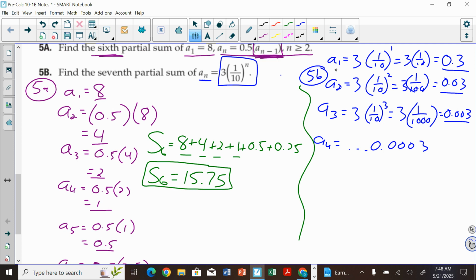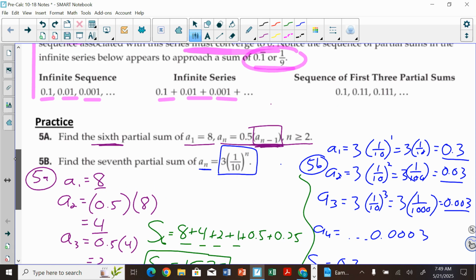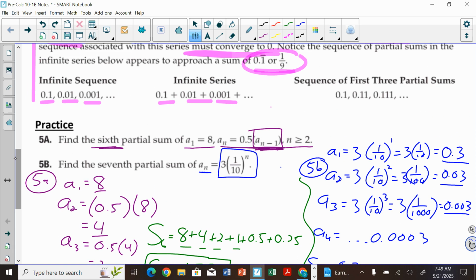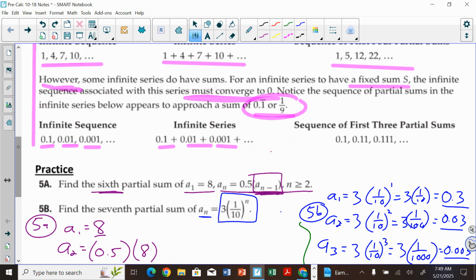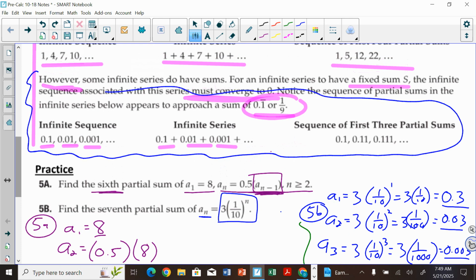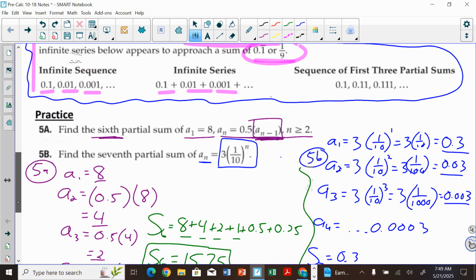So I can just make sure I do that and know this is what I'm going to do. So S7 would be all of these added up. Now, again, I probably don't need to if I just pay attention to this part right here, where we talked about these types of series, because I know it's probably going to end up adding up to 0.333333.